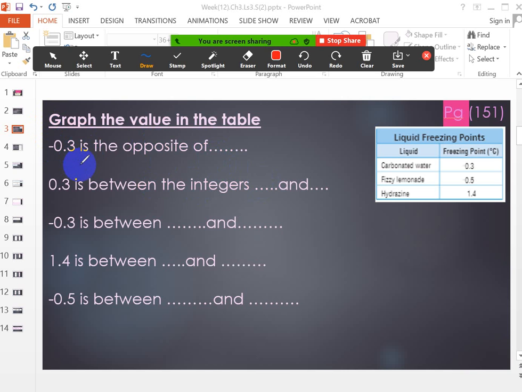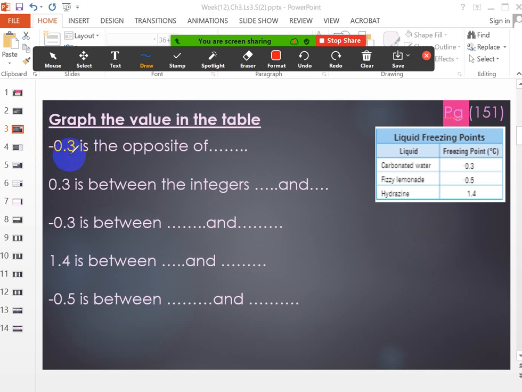Now, you know that yesterday we talked about how to locate integers on the number line according to their sign: right or left side of 0. But what if I have a decimal number here? This decimal number is a rational number, and I want to locate it on the number line. First, what is the opposite of negative 0.3?